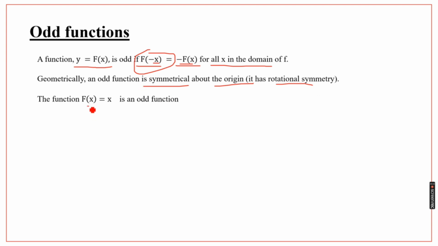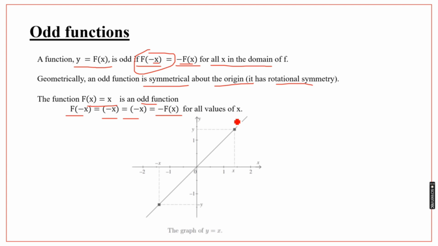The function f of x equals x is an odd function, which means f of negative x equals negative x. Negative x equals, yes, it is the same. So f of negative x equals negative f of x for all values of x. So this function is an odd function.